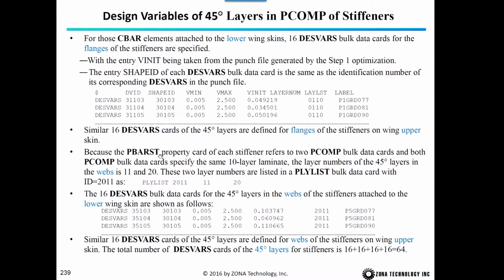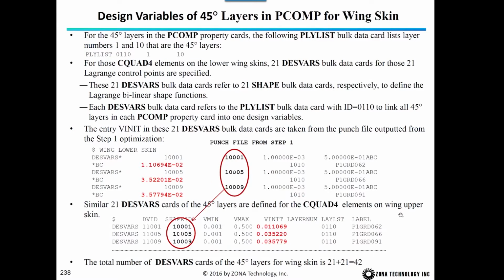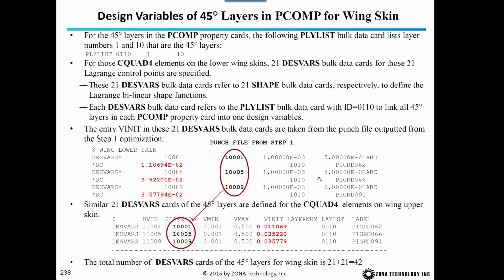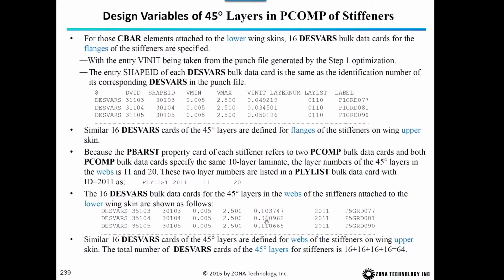For the web on the wing lower skin, the thickness is 0.1, 0.06, 0.11. And it refers to the PLYLIST card, so link layers 11 and 20 together for the 45 degree layer as one design variable.